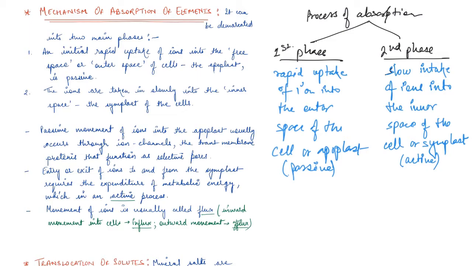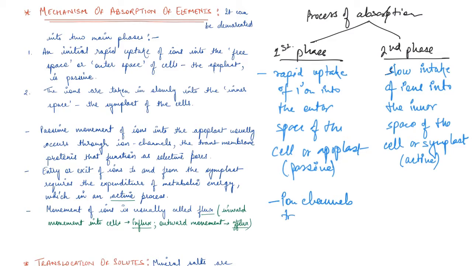Now, when we talk about the passive movement of ions into the apoplast, that happens through ion channels.